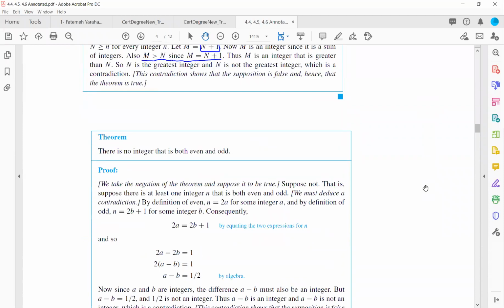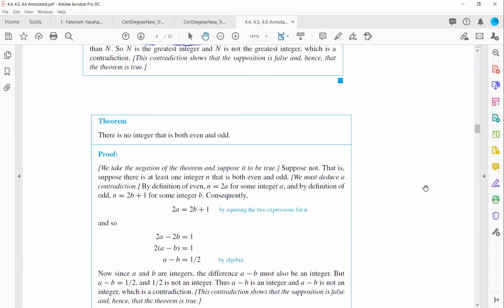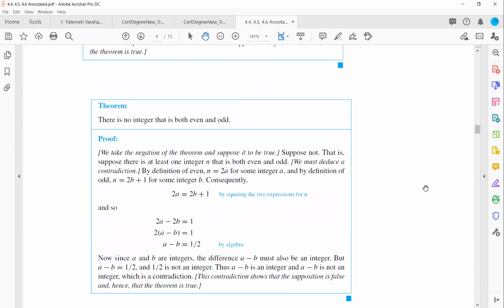Another theorem for you. There is no integer that is both even and odd. How do we prove that? Let us try using proof by contradiction. The negation of this statement: there is an integer which is both even and odd.